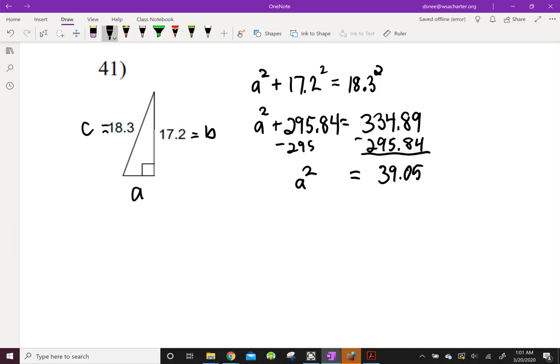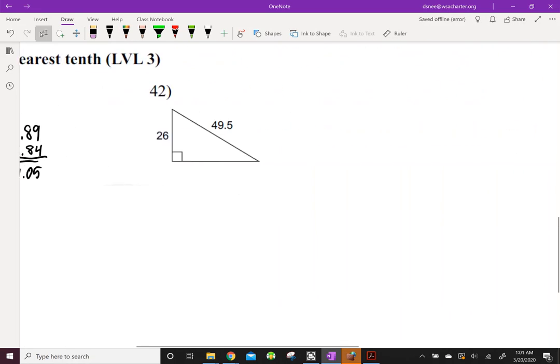And we did this over here as well, just show that work, show your understanding, increase your knowledge. It'll stick longer. 6.24. A equals 6.2. The 4 tells it to stay right where it is.